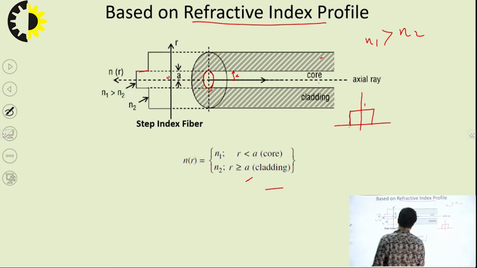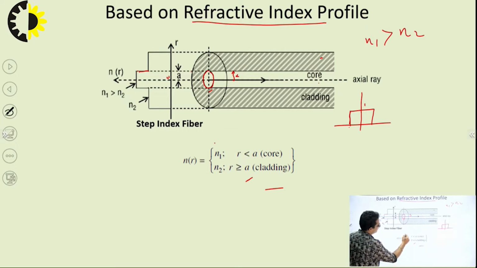So N(r) equals N1 when r is less than a, where r is the radial distance. When it is less than the radius of the core, it is N1, and when r, the radial distance, is greater than or equal to a, then N(r) is equal to N2, the refractive index of the clad.